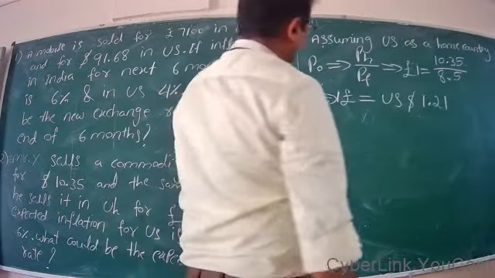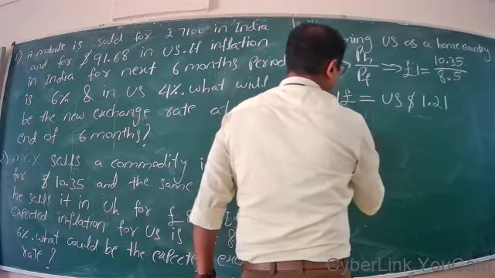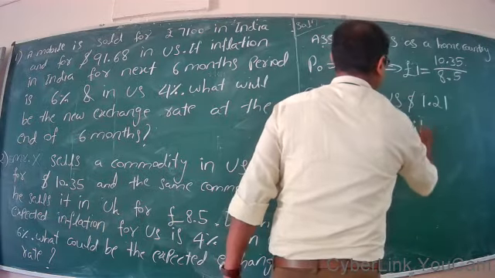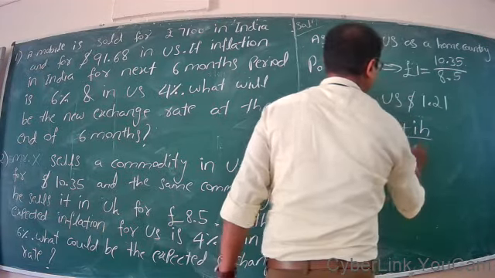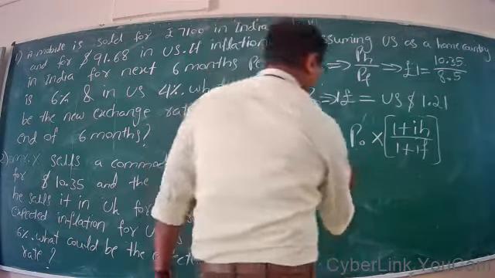Now to calculate the new exchange rate, P1 is equal to, remember the formula, P0 multiplied by 1 plus inflation in the home country divided by 1 plus inflation in the foreign country.